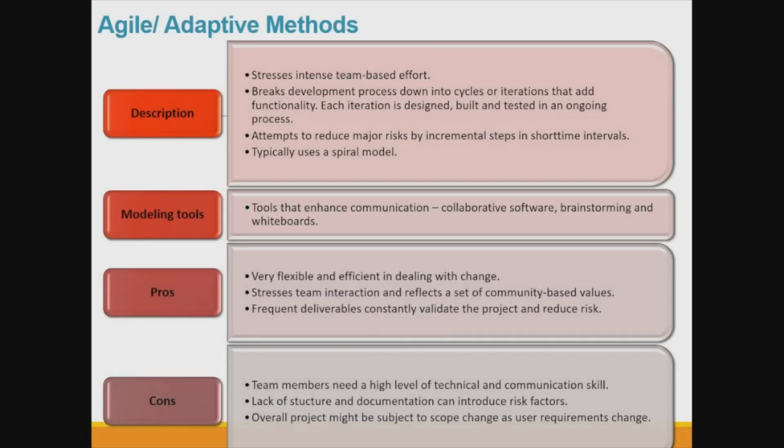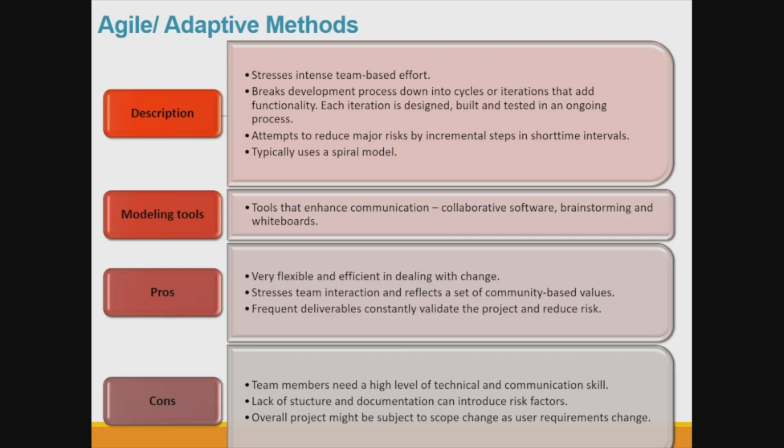The next part, we have the agile and adaptive method. Using this kind of method, it stresses team-based effort. It breaks the development process down into cycles or iterations that add functionalities. Each iteration is designed, built, and tested in an ongoing process. So we design, we develop, and then we test in every process.